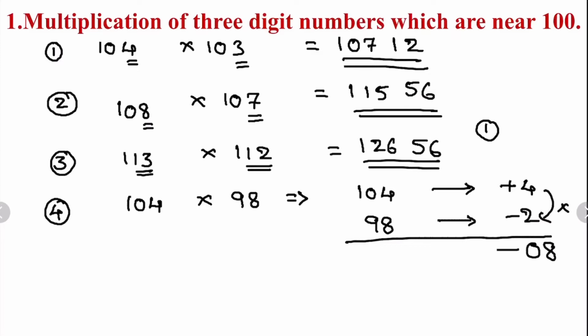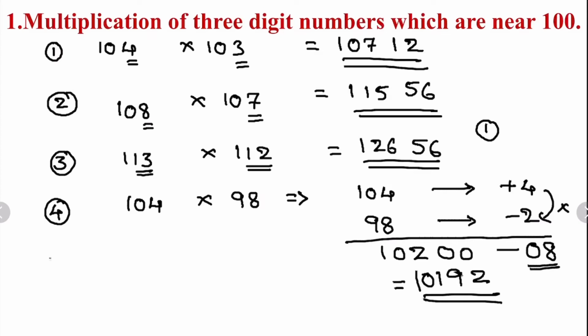Keep 0, 8 because we are comparing with 100, so you have to keep 2 digits. So 104 minus 2, 102. You can do 104 minus 2 or 98 plus 4. 104 minus 2, 102. Keep 2 zeros. So answer is 10192.